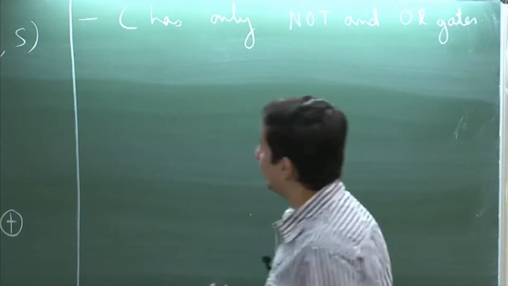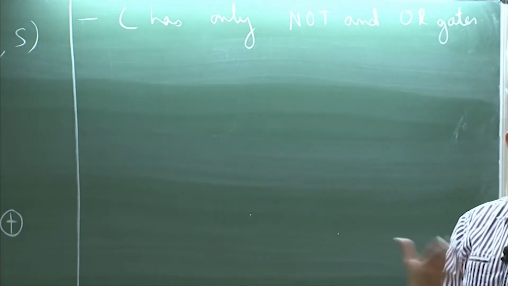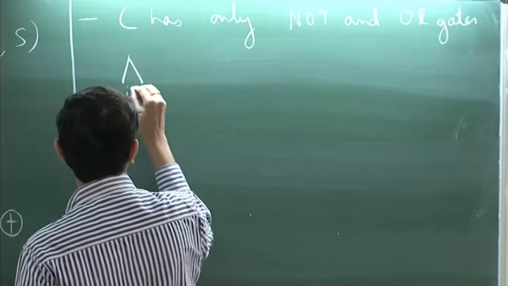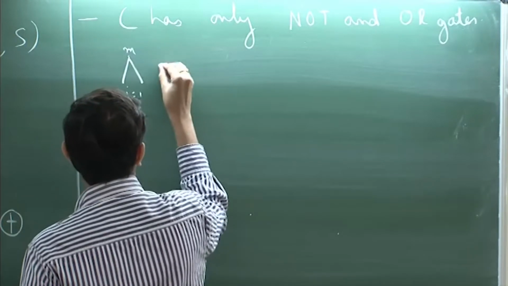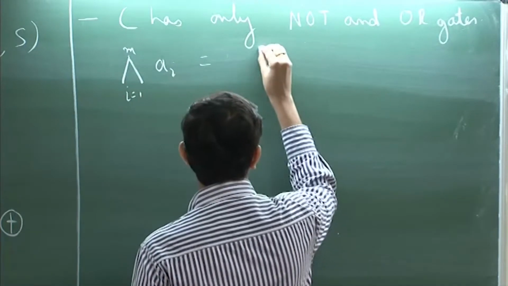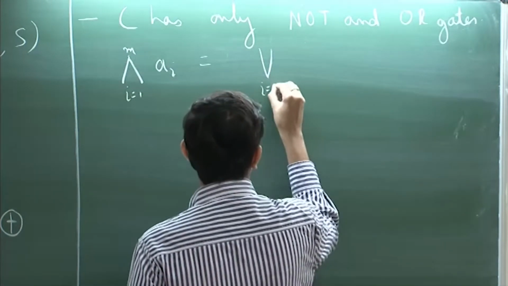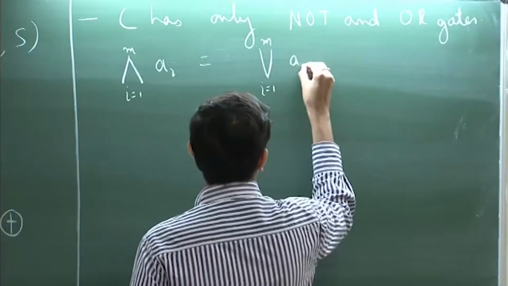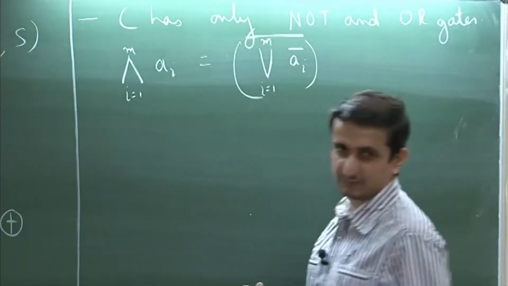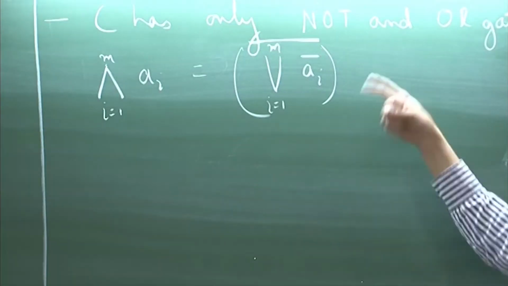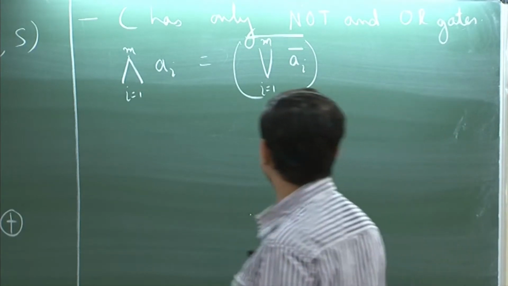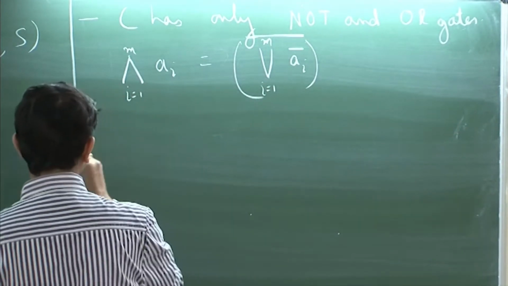Because using De Morgan's law we can replace any AND gate. By just introducing 2 more levels, I can replace any AND gate with a set of NOT and OR gates.